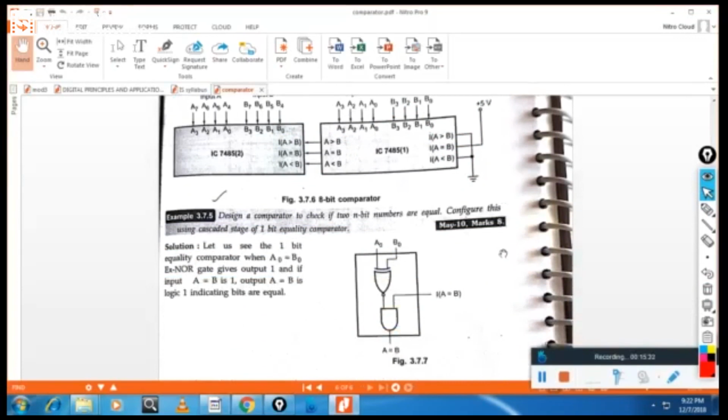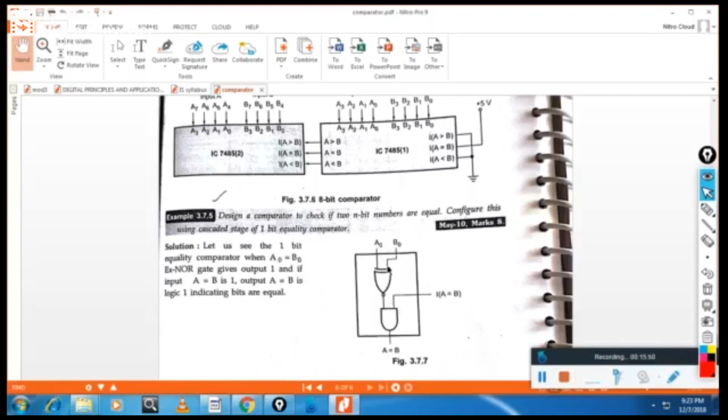So next, design an n-bit comparator for equality. This is the circuit diagram for if two numbers are equal. If two bits are equal, this is the circuit diagram.